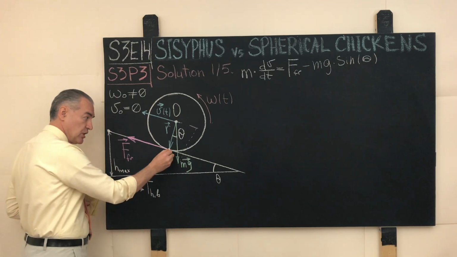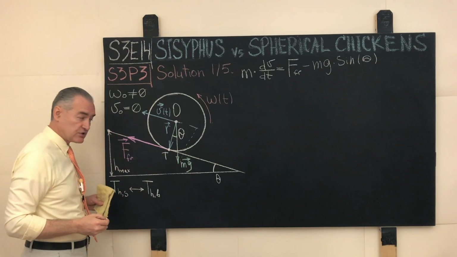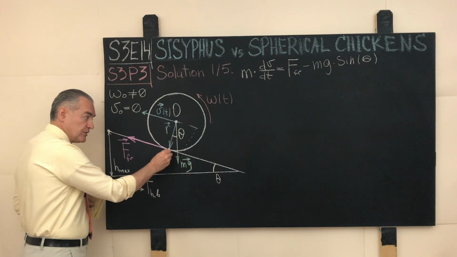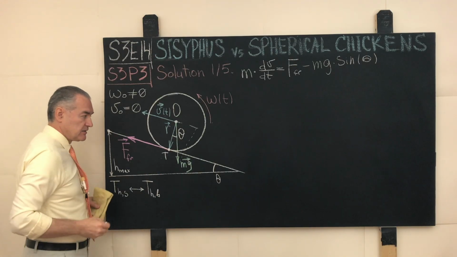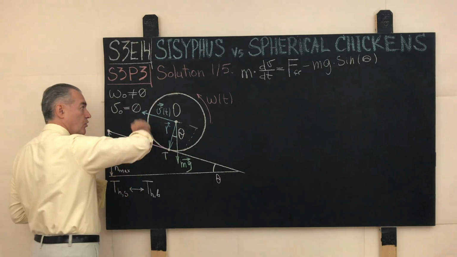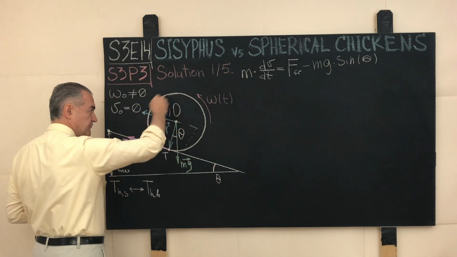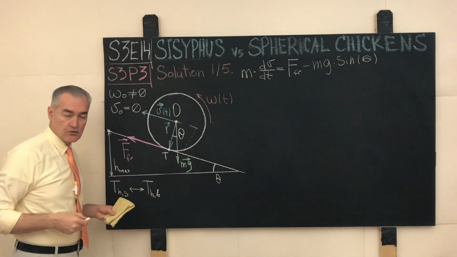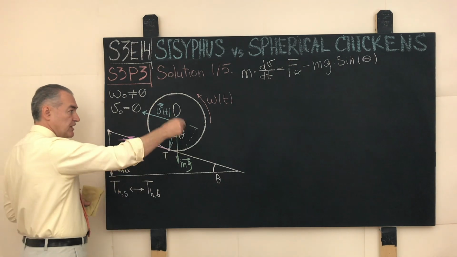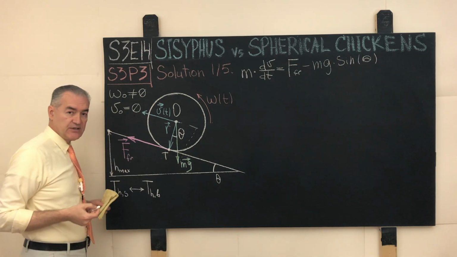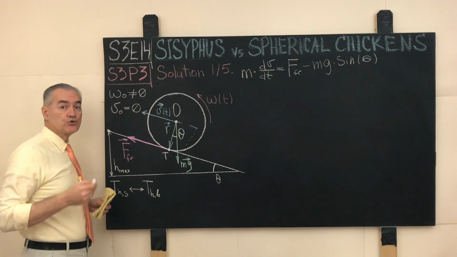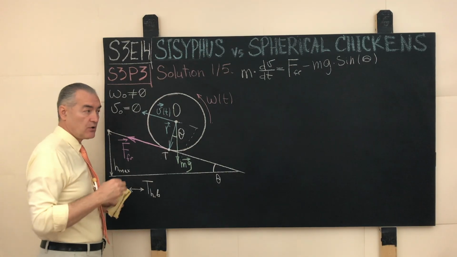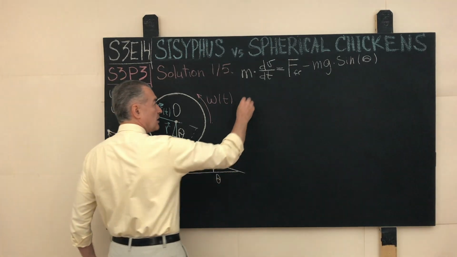We have a force of rolling friction applied to the point T, and this gives us the idea that the whole thing, our spherical chicken, whether it is hollow or solid, rotates. So this gives us an idea to bring the so-called torque equation of motion. And here we remember what?